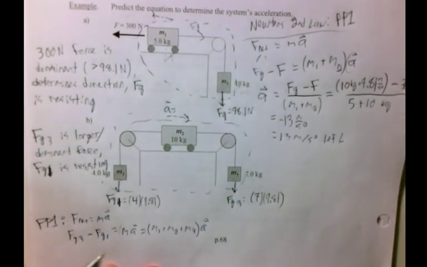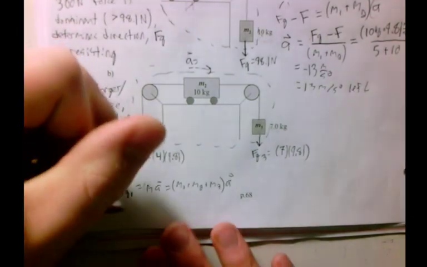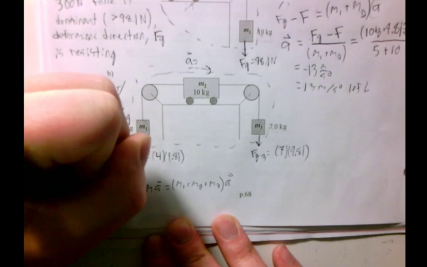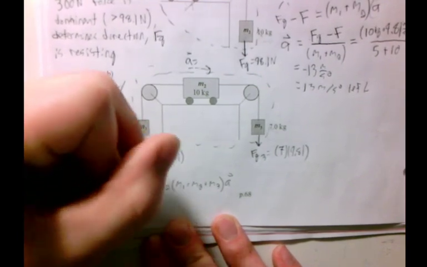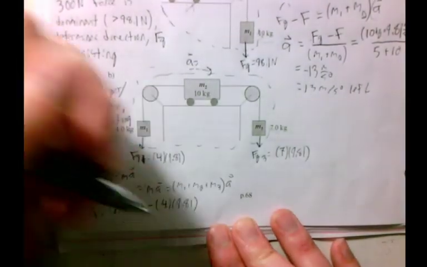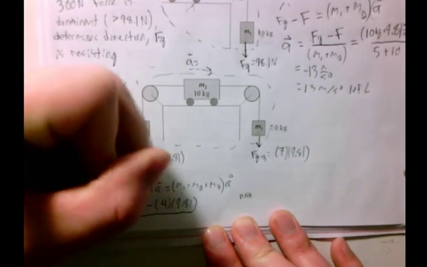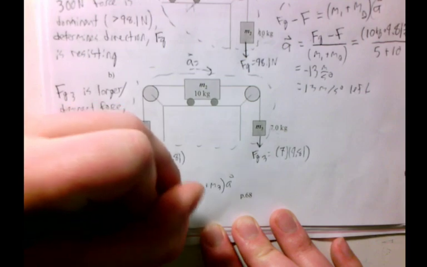All right, so the acceleration is going to be equal to this force of gravity 3, which was 7 times 9.81, minus 4 times 9.81 gravitational force, and divided by all of our masses added up, which is 4 plus 10 plus 7.